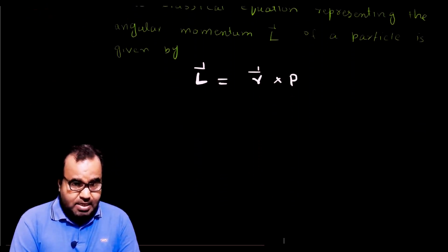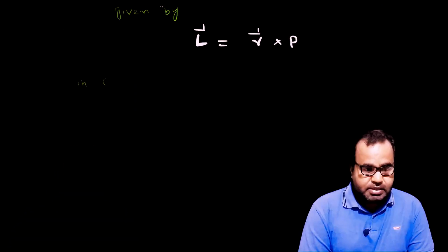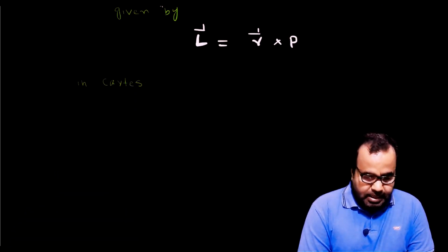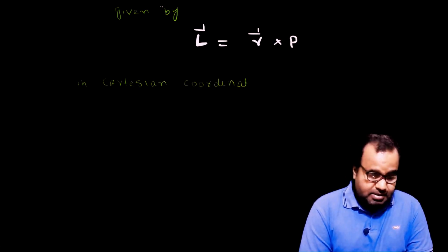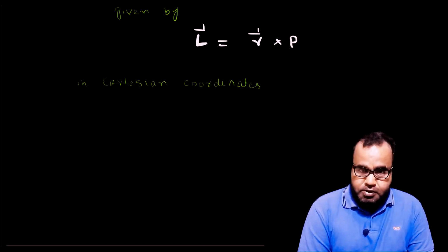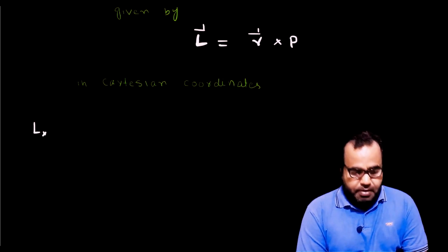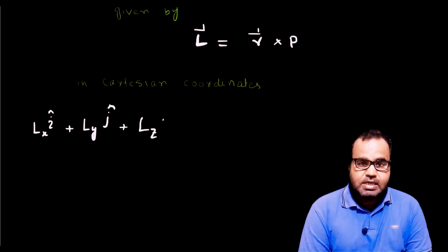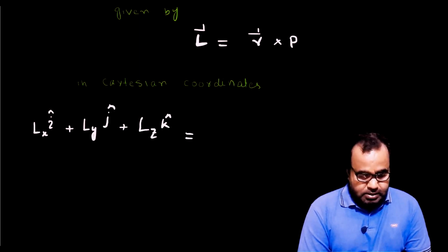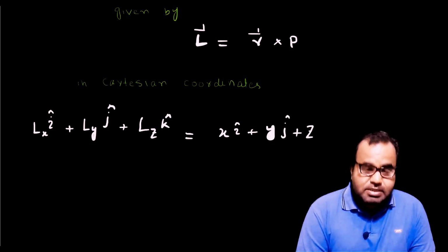And now we write this equation in component form, in Cartesian coordinates. We will write L in three components, Lx, Ly and Lz, and similarly we will write the components of R and also the components of P. L can be written as Lx i unit vector plus Ly j unit vector plus Lz k unit vector. The component of R is x i unit vector plus y j unit vector plus z k unit vector.